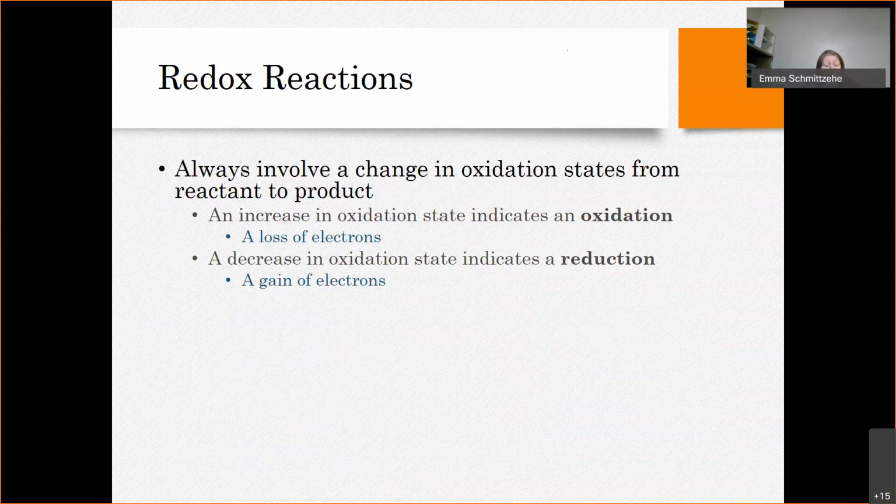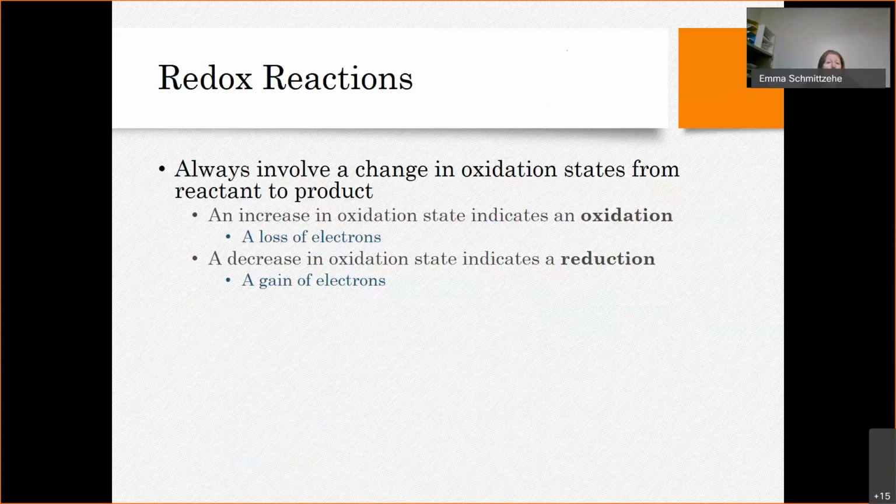And that's because that element is gaining electrons. If it gains electrons, it's gaining negatives. And so it becomes more negative, or the oxidation state goes down, okay? So when we look at redox reactions, that's one way we can look at it. We can assign the oxidation states, and we can communicate that this element is oxidized and this element is reduced. That's one way to talk about a redox reaction.